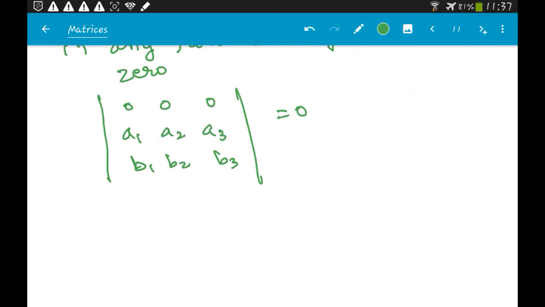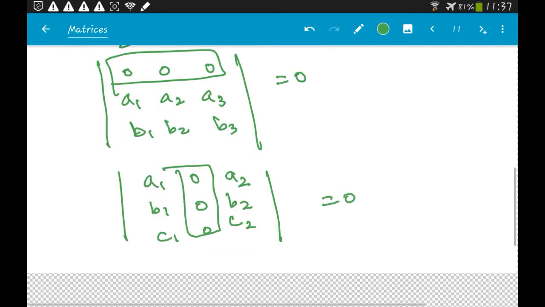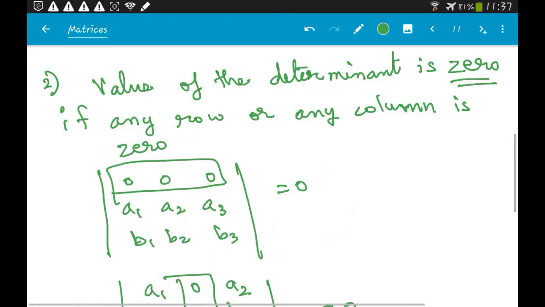Also the value of the determinant with rows A1 0, A2, B1 0, B2, C1 0, C2 is also 0. Here the row is 0, here this particular column is 0. So if any row or any column is 0, the determinant value will become 0. Okay, so that is the first one. Let's call this A.